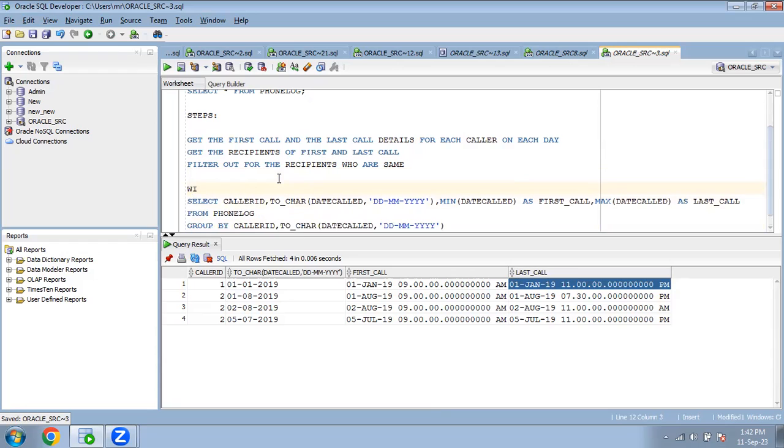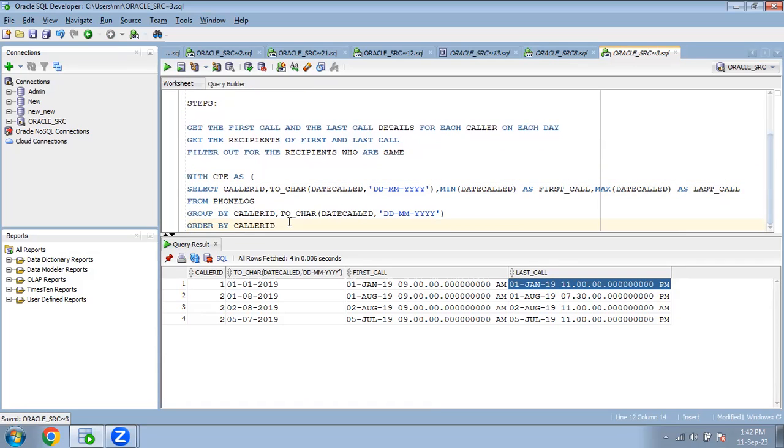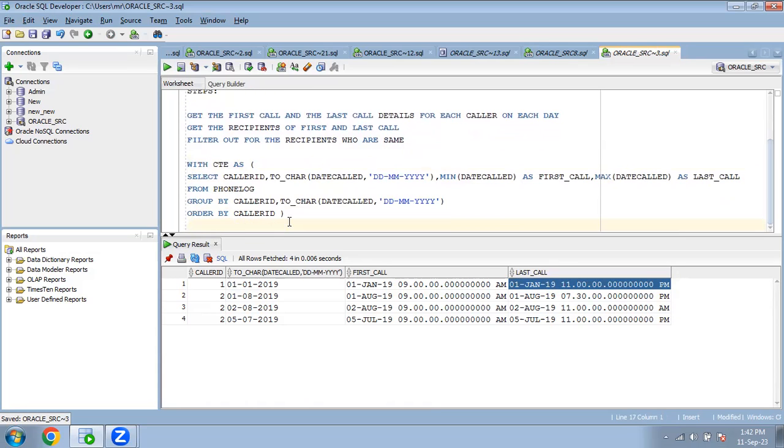I'll keep whatever output I got above in a CTE. Next, I'll join with the phone log table again, to match against caller ID and first call, and get the recipient ID.